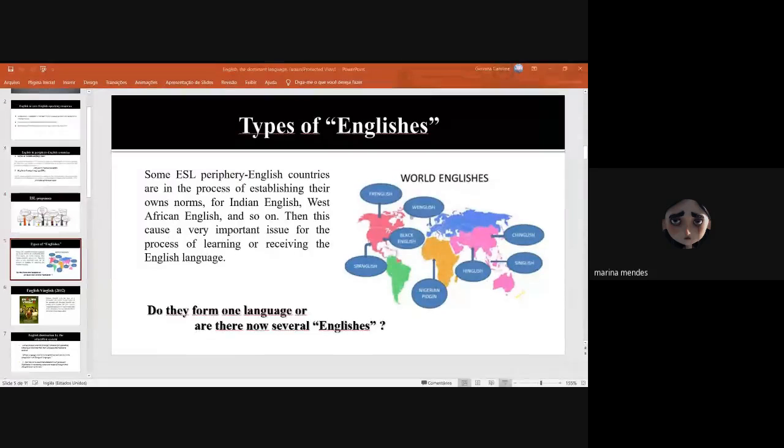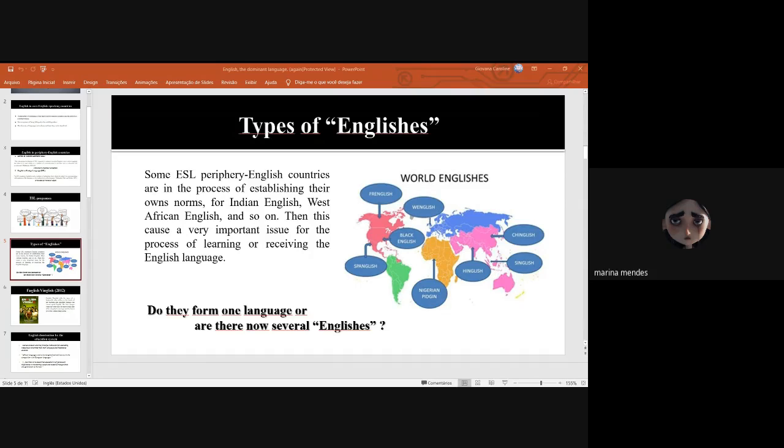So the next topic is the types of English. Some ESL periphery English countries are in the process of establishing their own norms for Indian English, West African English, and so on. This causes a very important issue for the process of learning or receiving the English language.